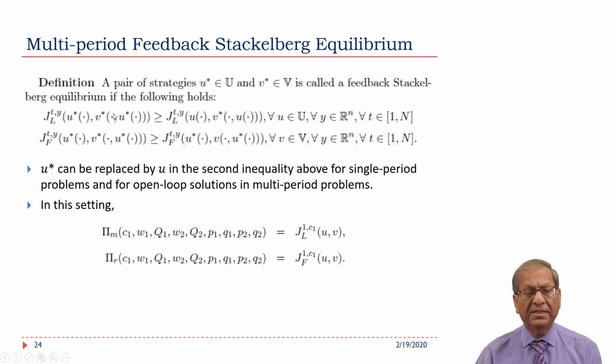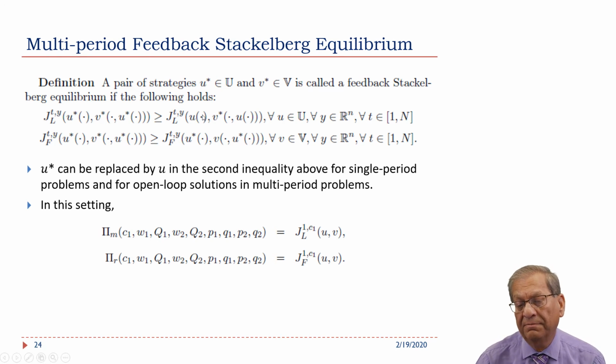The first inequality says that the equilibrium solution is better than another solution where the leader deviates from U star to some value U. When he deviates to U, obviously the follower V star also acts on U. So for all U in U, the equilibrium solution is better than the solution at any other U. Notice at this time, the V star is fixed.